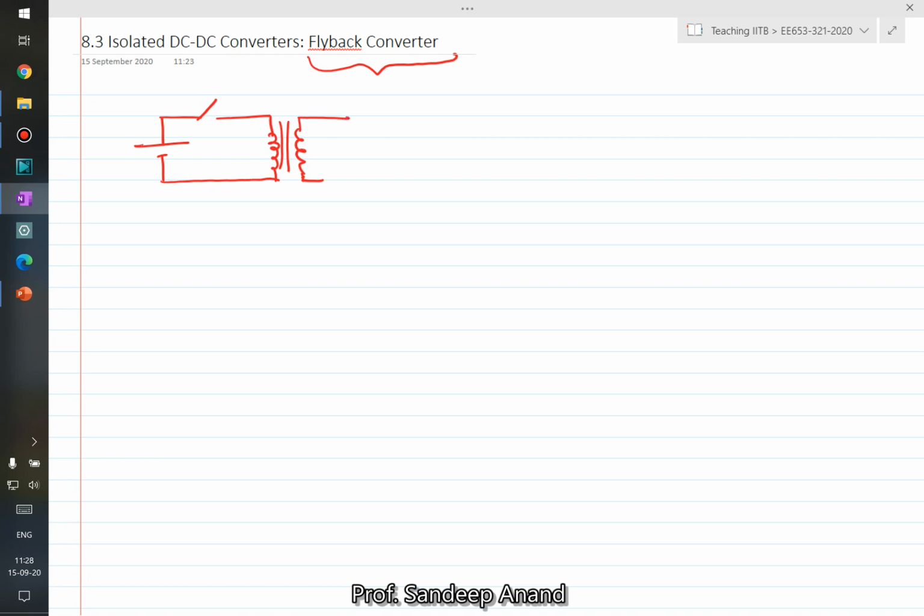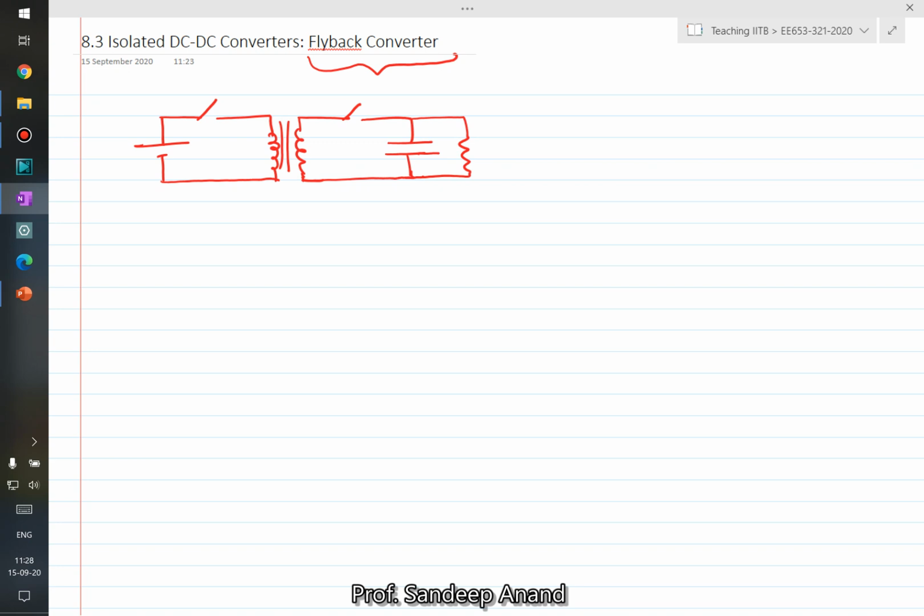So this is how a flyback circuit can be drawn, right? This is how the flyback circuit is.